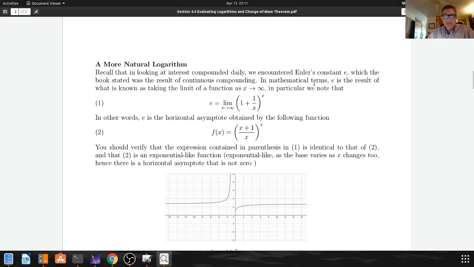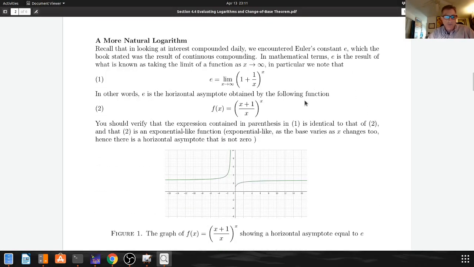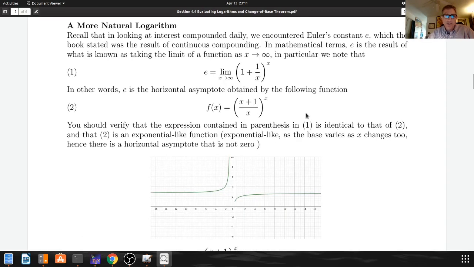So now let's go into the more natural logarithm that I was talking about earlier. Instead of the base 10 logarithm, we have this logarithm. When we were looking at interest compounded daily, we encountered what is known as Euler's constant e, which the book stated was the result of continuous compounding of interest.